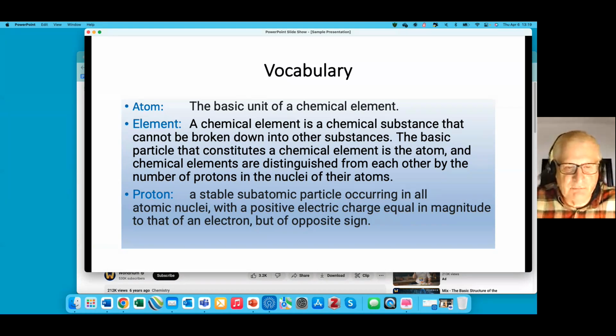Okay. Robert, would you please read the next definition for us? Okay, a stable subatomic particle, so a particle that's smaller than the atom. It has a positive charge, which is similar to the electron. Okay, let's do the next one here.